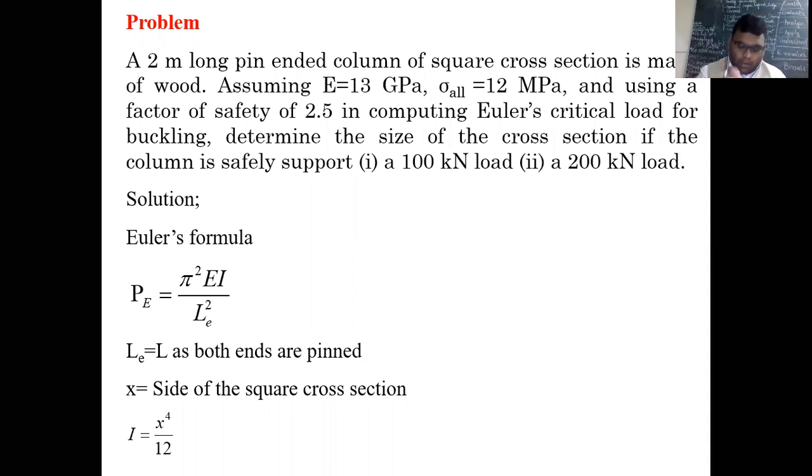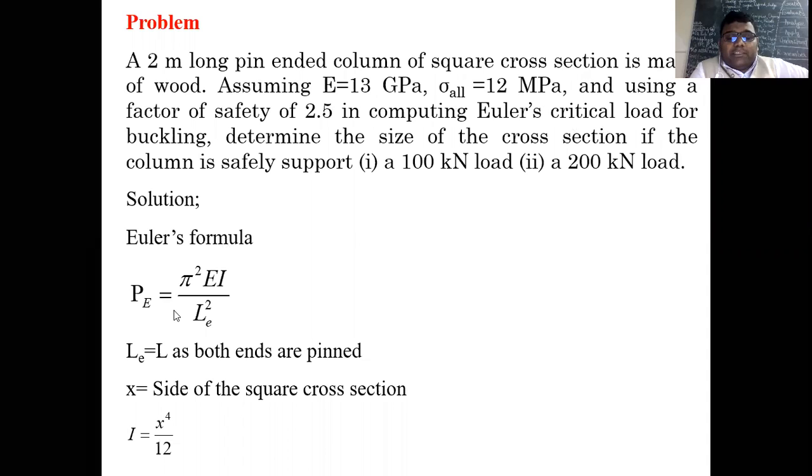That is the simple question. We have Young's modulus, the stress, two loading conditions, and a factor of safety, and the Euler critical load formula has to be applied here.